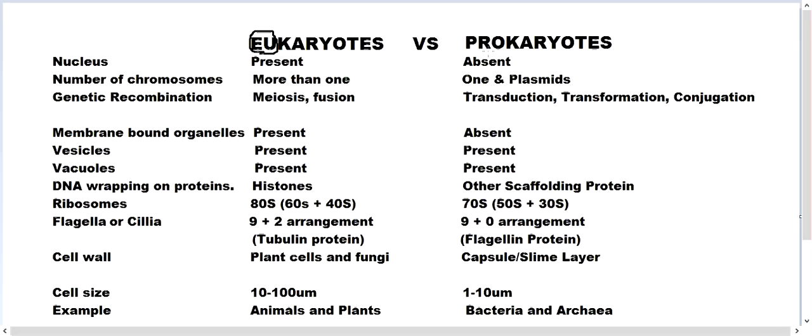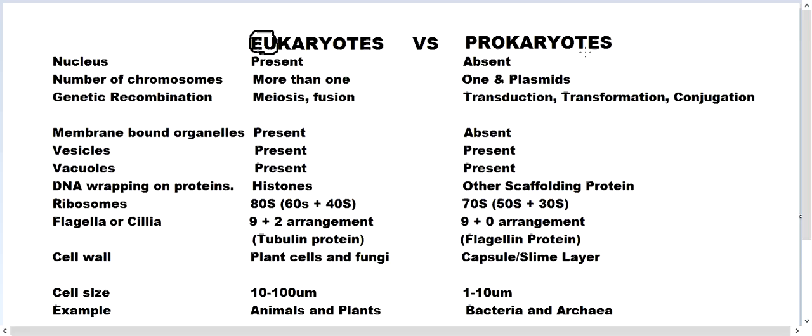The "pro" refers to early or before, and karyote again refers to the nucleus. If we join these terms, eukaryote means the advanced or developed nucleus, and prokaryote refers to the primitive, or before the development of the nucleus.